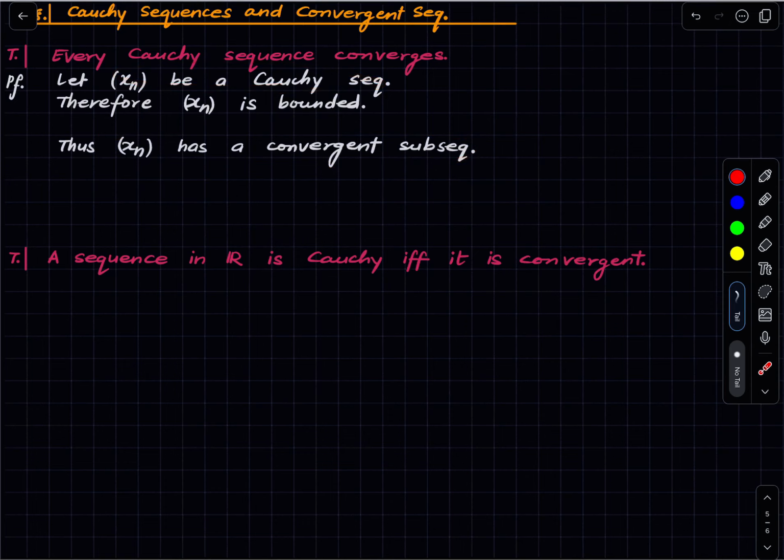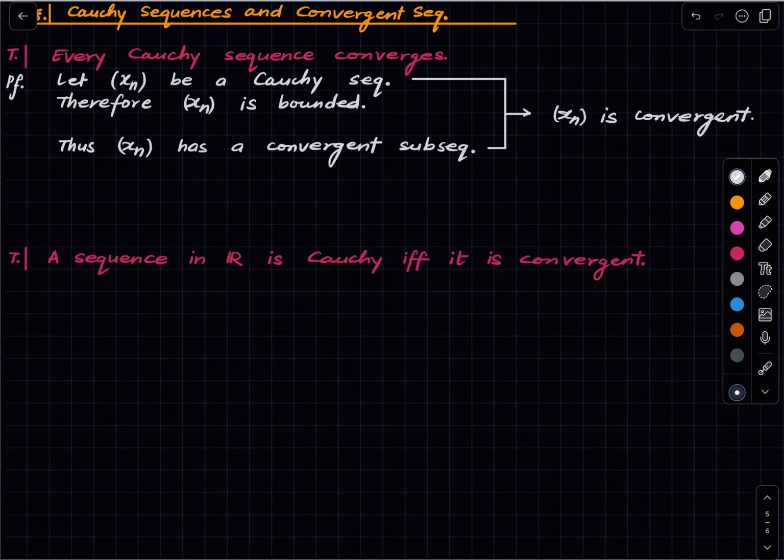But by what we proved a few slides ago, these statements together imply that the sequence is convergent. Because if a Cauchy sequence has a convergent subsequence, then the Cauchy sequence itself is a convergent sequence.